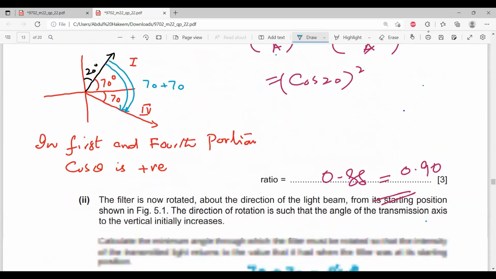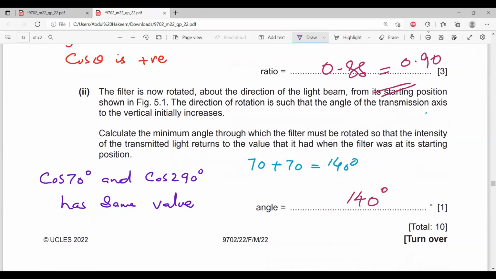Now, next, the filter is now rotated about the direction of the light beam from its starting position shown in the figure. The direction of the rotation is such that the angle of the transmission axis to the vertical initially increases.